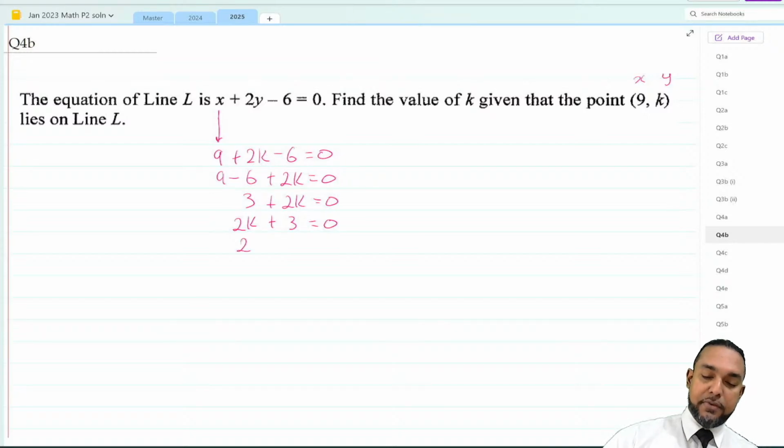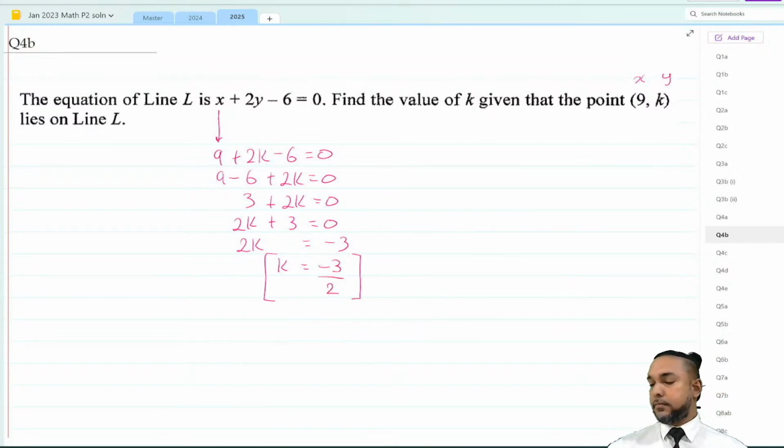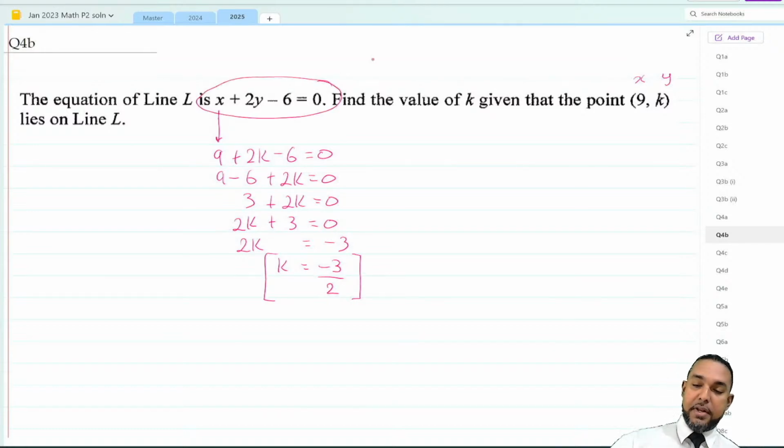So we'll subtract 3 first, and then we'll divide by 2. All right, so again, they gave you the equation and they gave you the x value, and you could use that to find the y value.